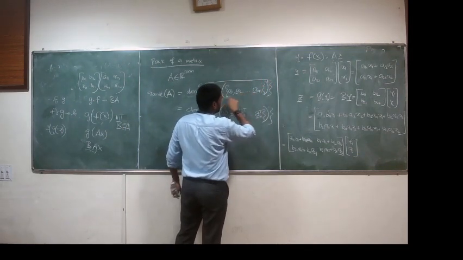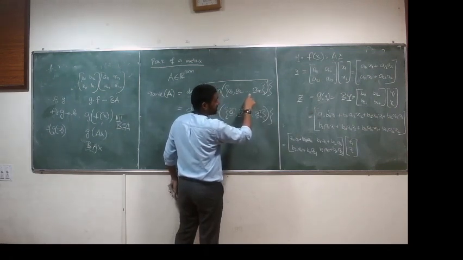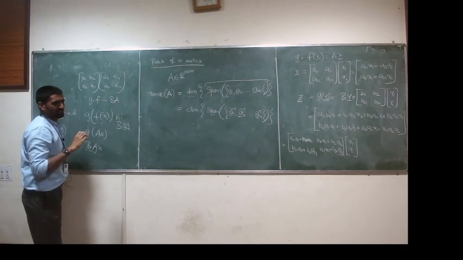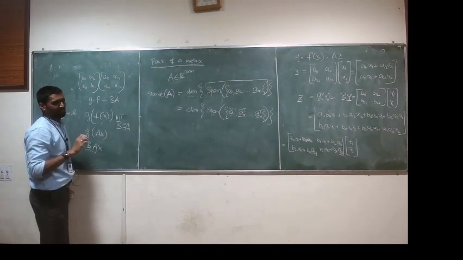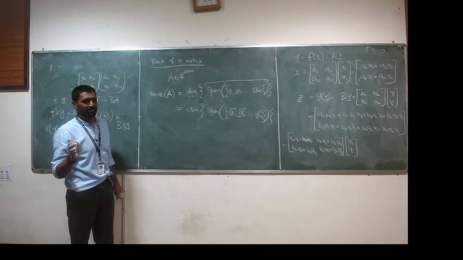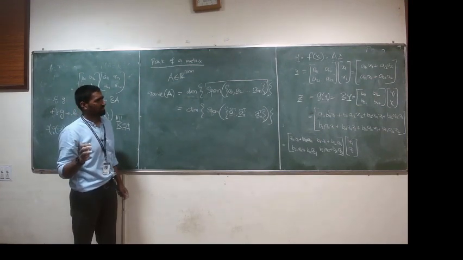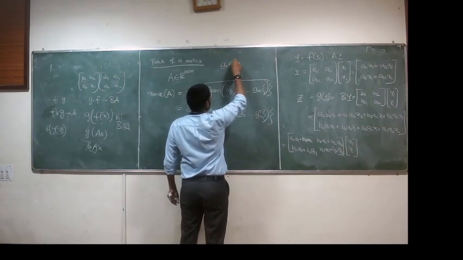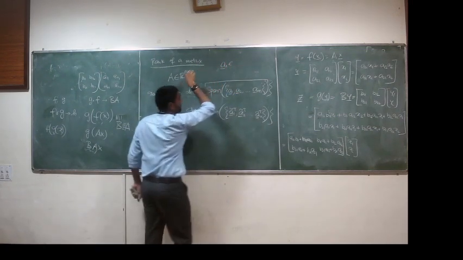What space does the span of the columns of A reside in? Is the question clear? Rn or Rm? Where are the columns of A from? What space?